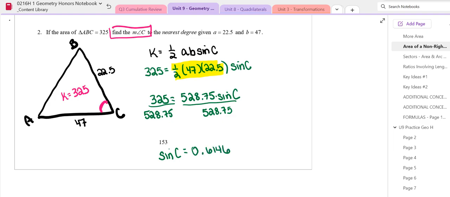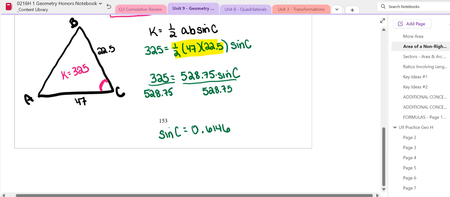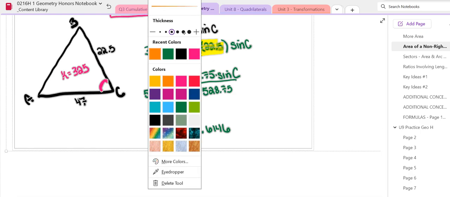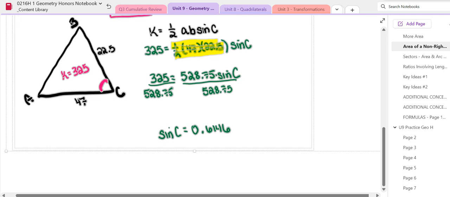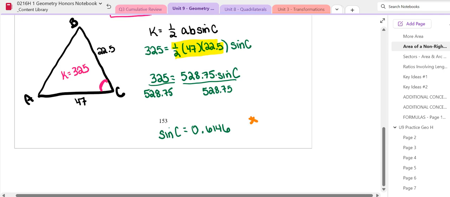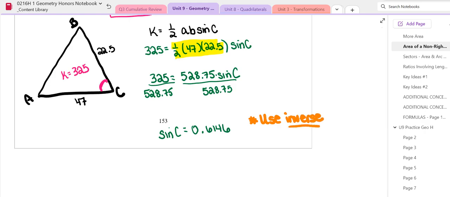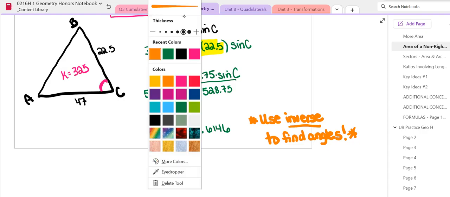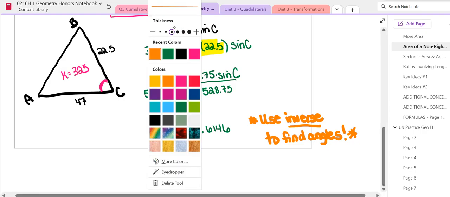And then a big idea here: I'm trying to find an angle measure, and in order to find an angle measure, I have to use inverse. So big idea here, use inverse to find angles. So I'm going to take the inverse sine of both sides.